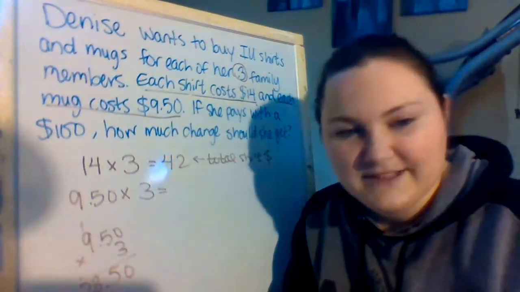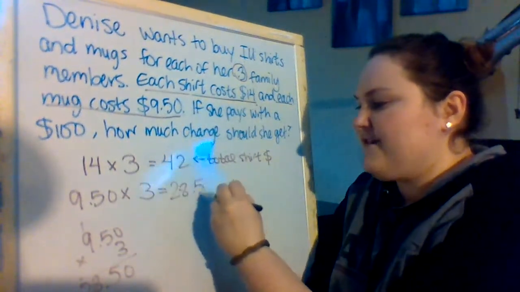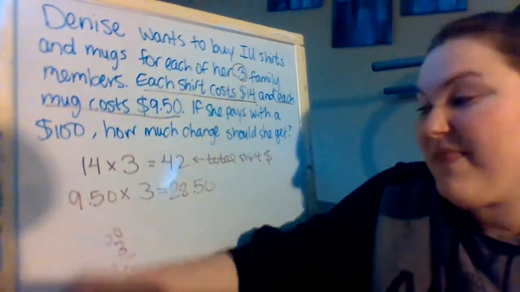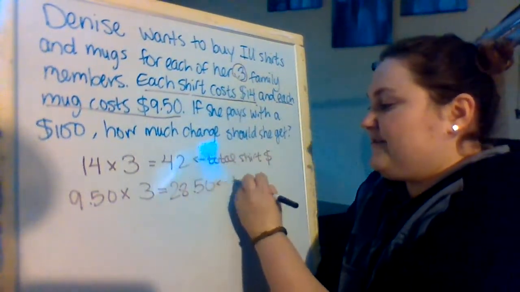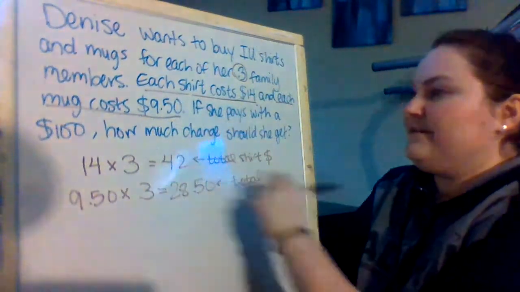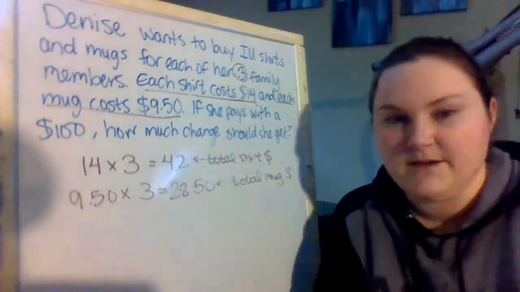Oh, I'm sorry, I didn't realize it was cut off for you. So we get $28.50. Again, if I asked you what that represents, that represents the total amount of money she's spending on mugs.